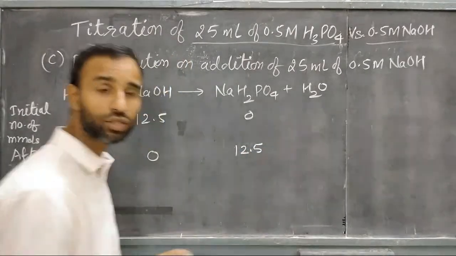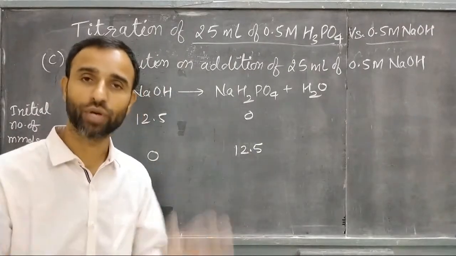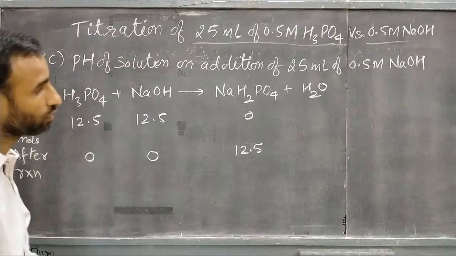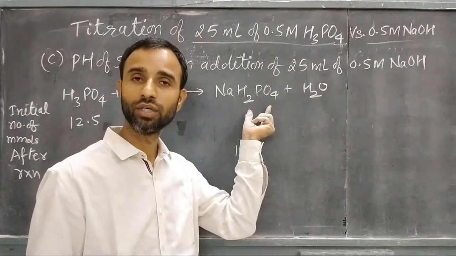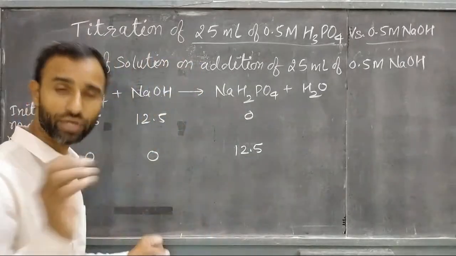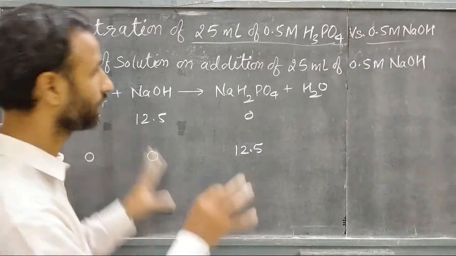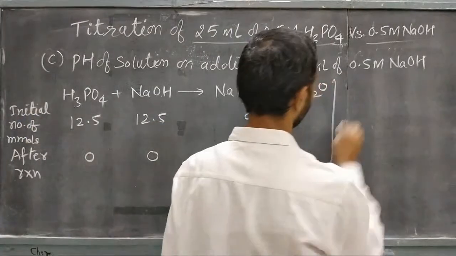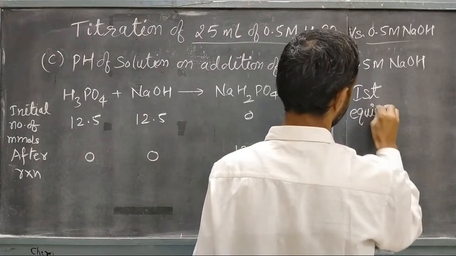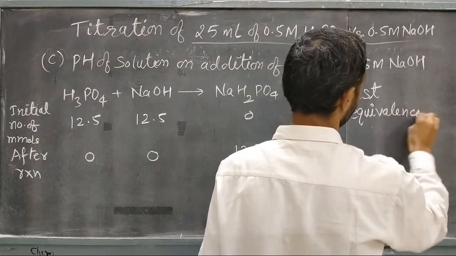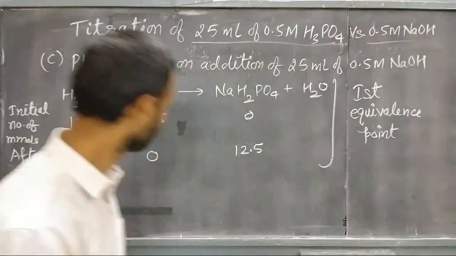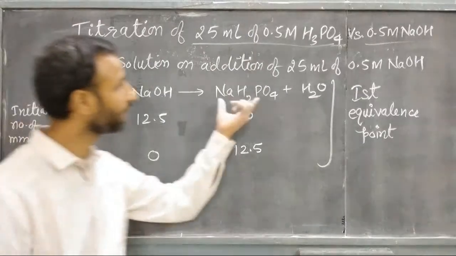So this is your first equivalence point, because the whole phosphoric acid is converted into its monosodium salt. This is the condition for the first equivalence point.